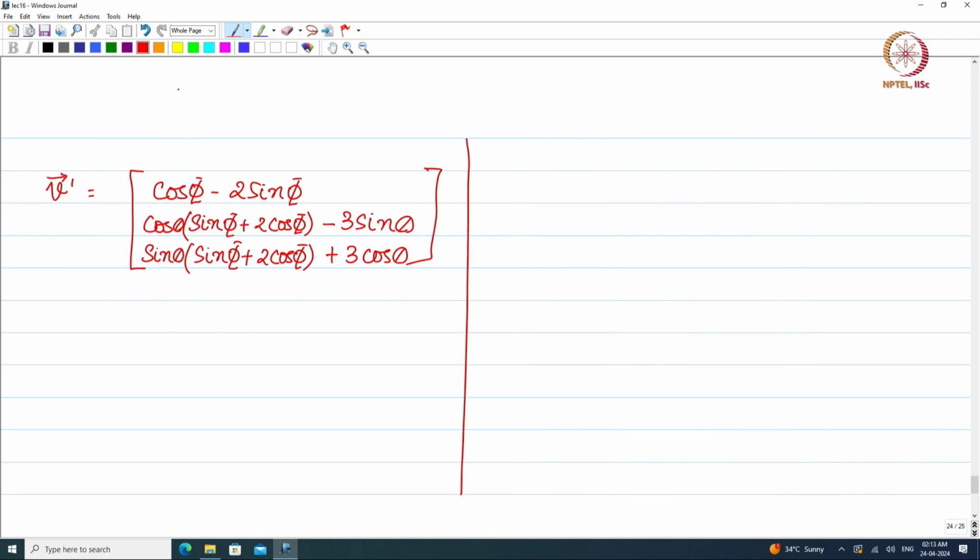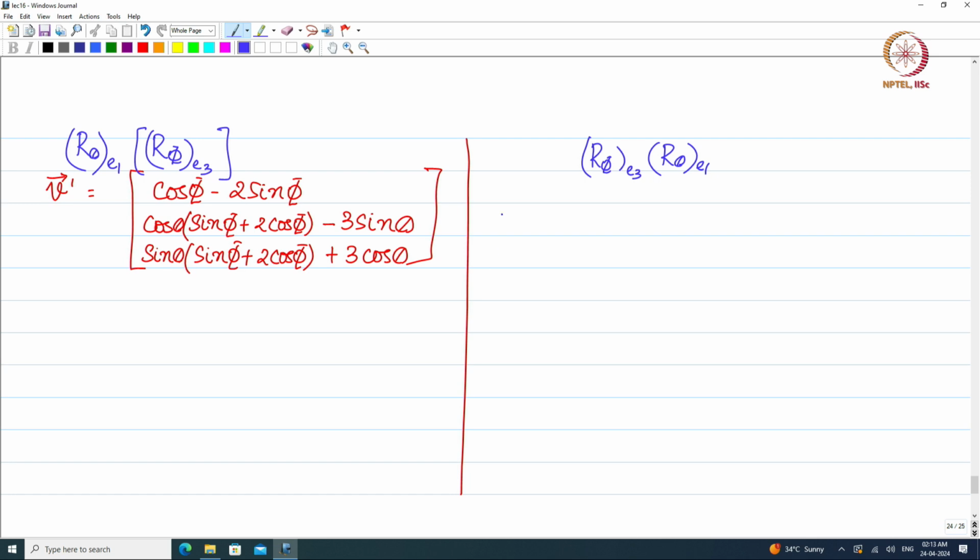Now, this is basically r phi about E3 followed by r theta about E1, this is what we had. On the other side, I am going to write r theta about E1 followed by r phi about E3.